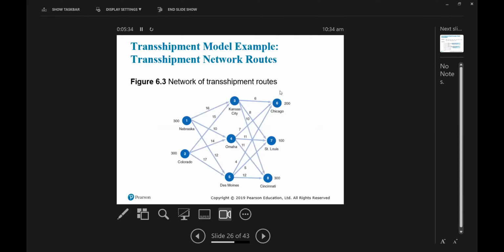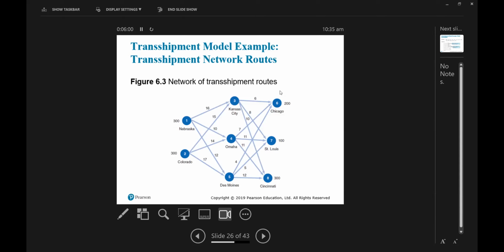So this is the network flow, if you want to look at the entire problem. These are the farms, Nebraska, Colorado, and then you move the goods from, say, Nebraska, and send some to Kansas, some to Omaha, some to Des Moines.